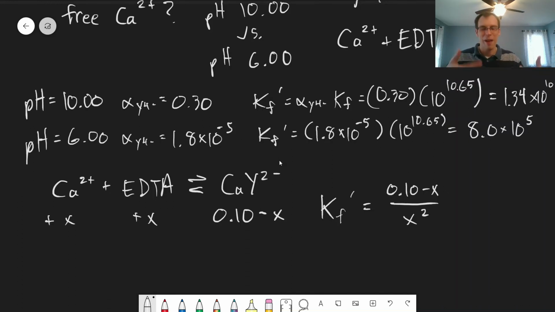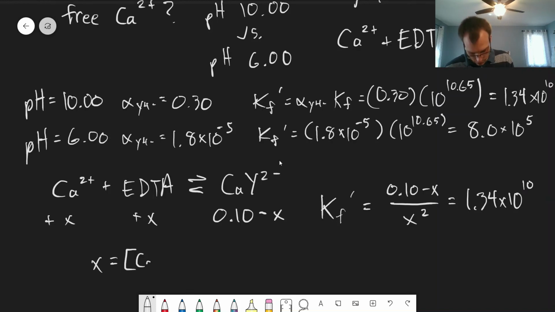So things are backwards of what you maybe are used to from acid-base chemistry. Okay, so then we can plug in the values of Kf prime that we have here. So 1.34 times 10 to the 10 for the pH 10, for example, and then we switch that for the pH 6. And so we get that X is equal to, which just as a reminder, this is the concentration of calcium 2 plus, the free calcium 2 plus, which is what we're after.